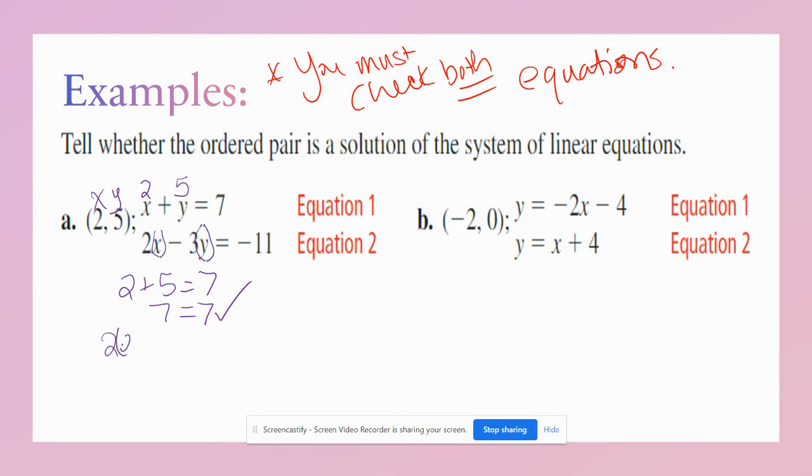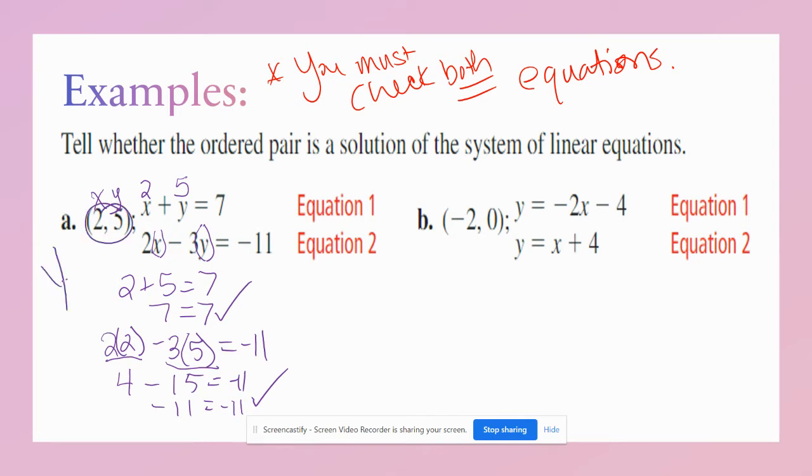So 2 times 2 minus 3 times 5. And does that equal negative 11? 2 times 2 is 4. 3 times 5 is 15. Is 4 minus 15 negative 11? It is. So yes, that works. And 2, 5 is a solution.